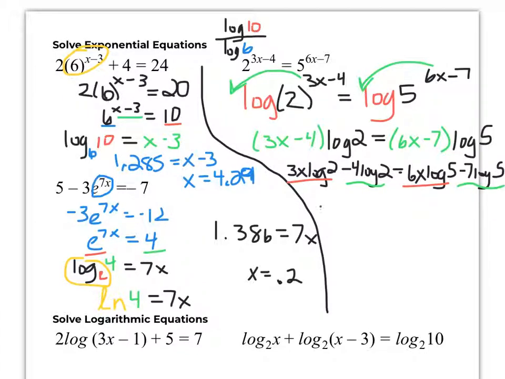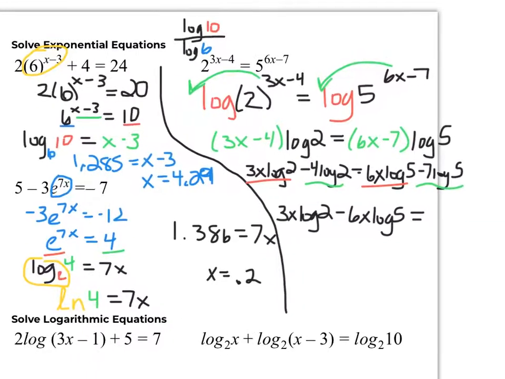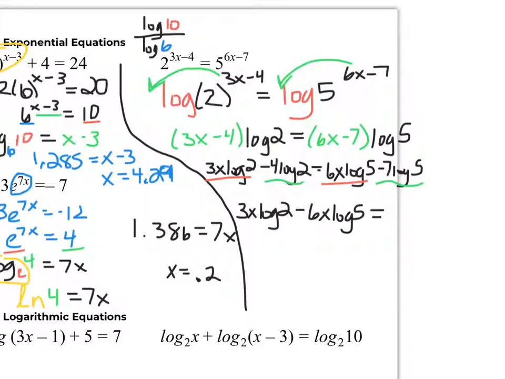So I get 3x log 2 minus 6x log 5 equals 4 log 2 minus 7 log 5.